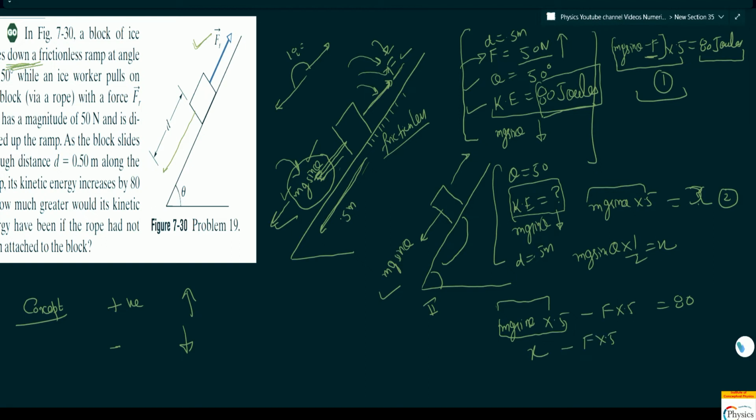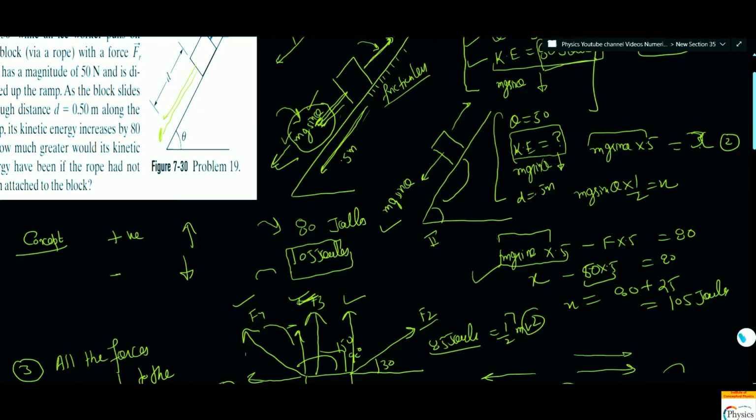F is how much? We can do a substitution here. 50 newtons is equal to 80. X is equal to 80 plus 25, 15 into 0.5, is equal to 105 joules, right? So in the absence of this negative force, the kinetic energy gained, or the work done by the gravitational component, is 105 joules, right? Which is a big change.